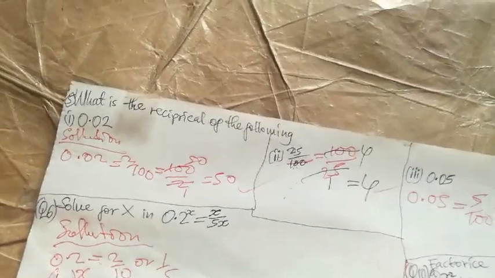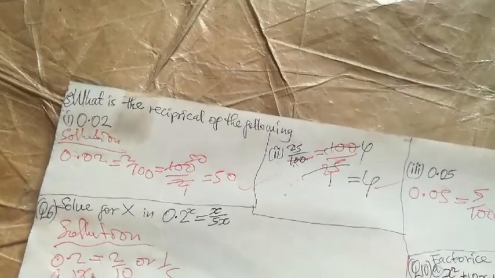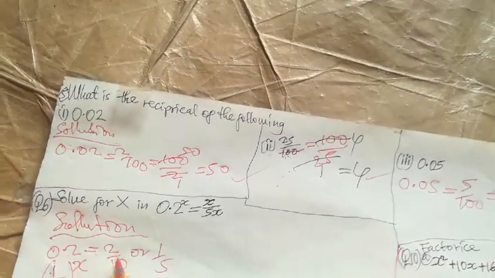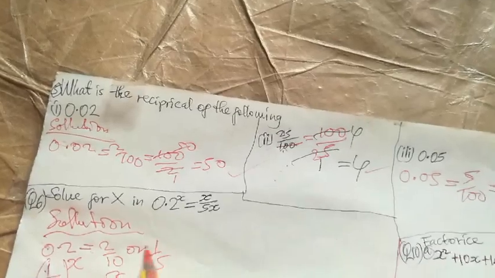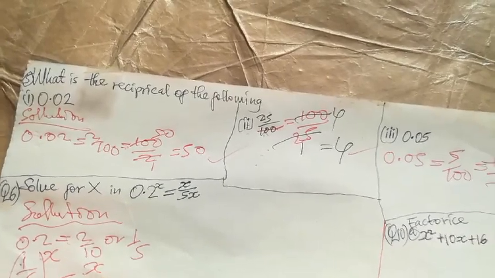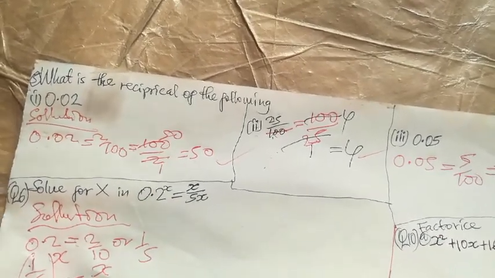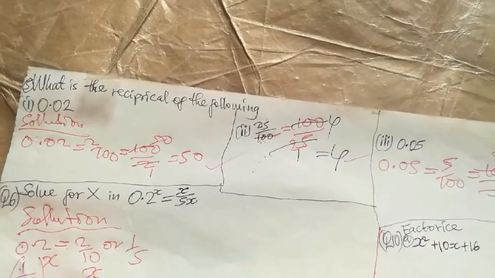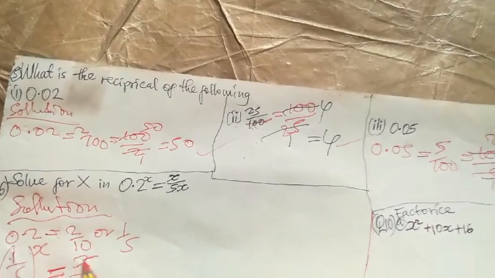We have seen that we have converted 0.2 into a fraction, which is 2 over 10, which is also equivalent to 1 over 5. Hence 1 over 5 power x is equal to x over 5x.